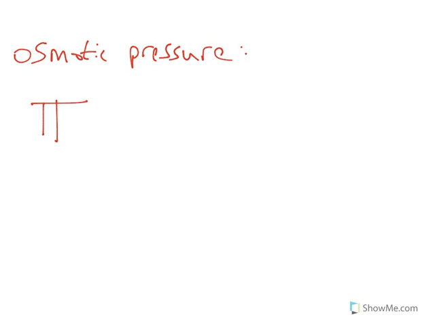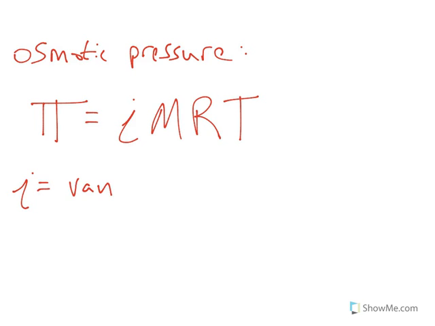Capital pi, the Greek letter for P, is osmotic pressure, and it's given by the formula i, our Van't Hoff factor again, M, capital M this time, molarity, RT. So Π = iMRT.